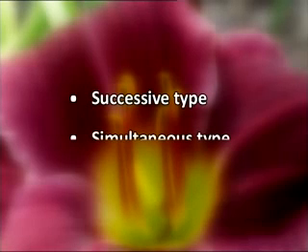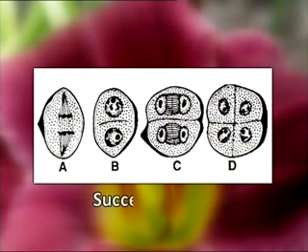During meiotic division of microspore mother cell, the wall formation may be of successive or simultaneous type. In the successive type of wall formation, a cell plate is laid down between 2 daughter nuclei after meiosis 1. This wall gradually extends towards the periphery on both sides, dividing the cell into 2 equal halves.